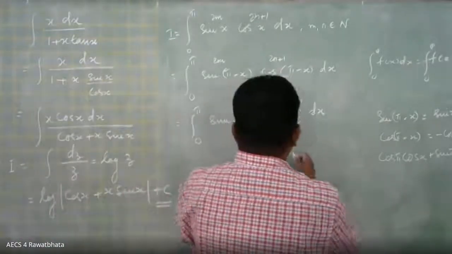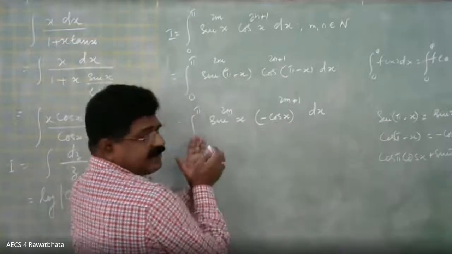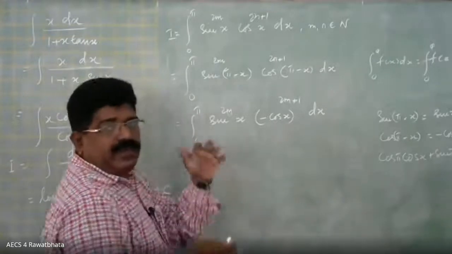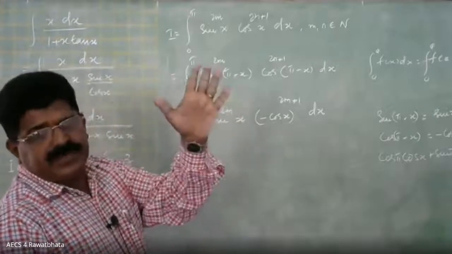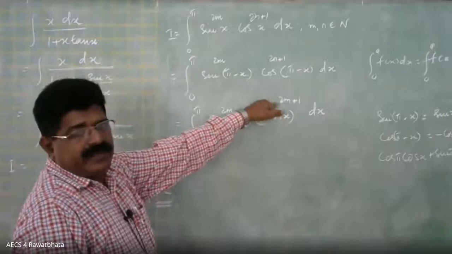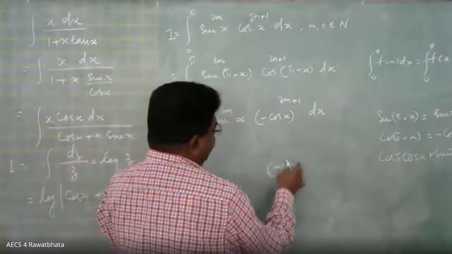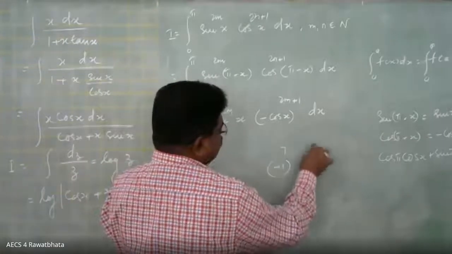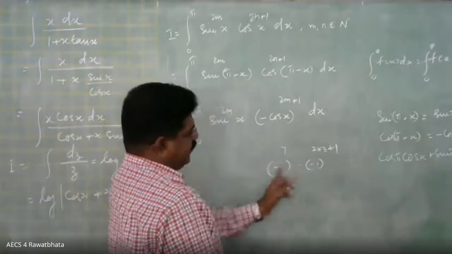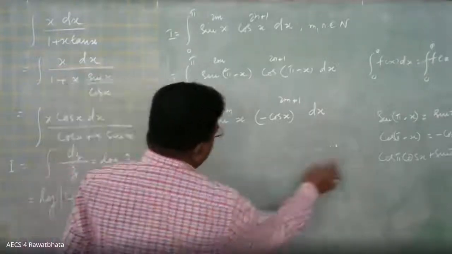Minus 1 whole to the power 3 is minus, minus 1 whole to the power 5 is minus, an odd number. Minus 1 whole to the power 4 is positive, but here minus 1 whole to the power an odd number. So that is minus 1 whole to the power 2n plus 1, which is minus 1 only.